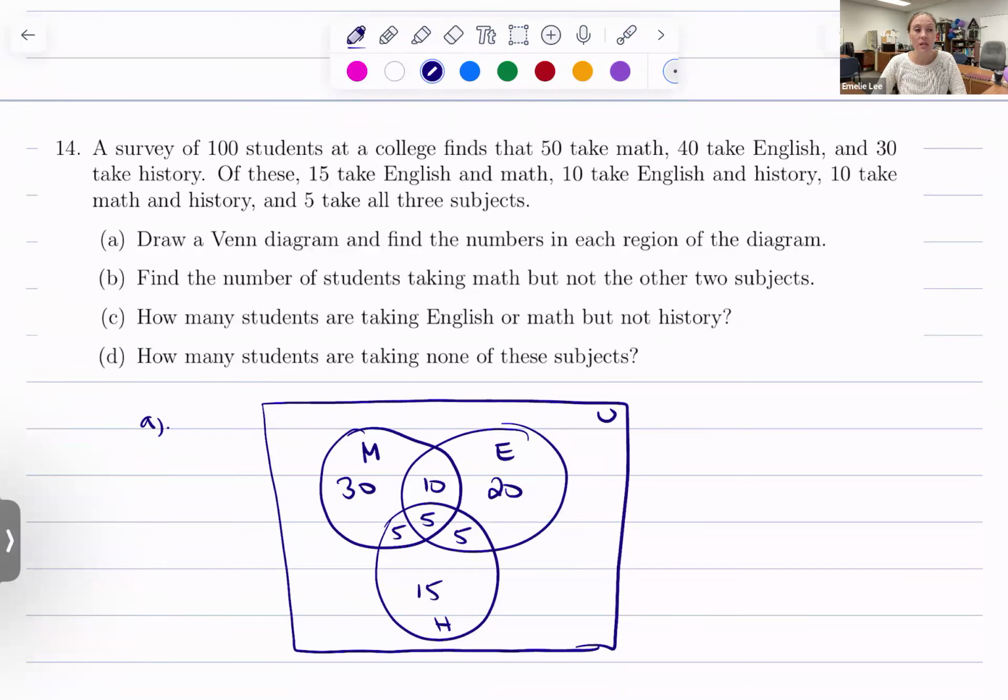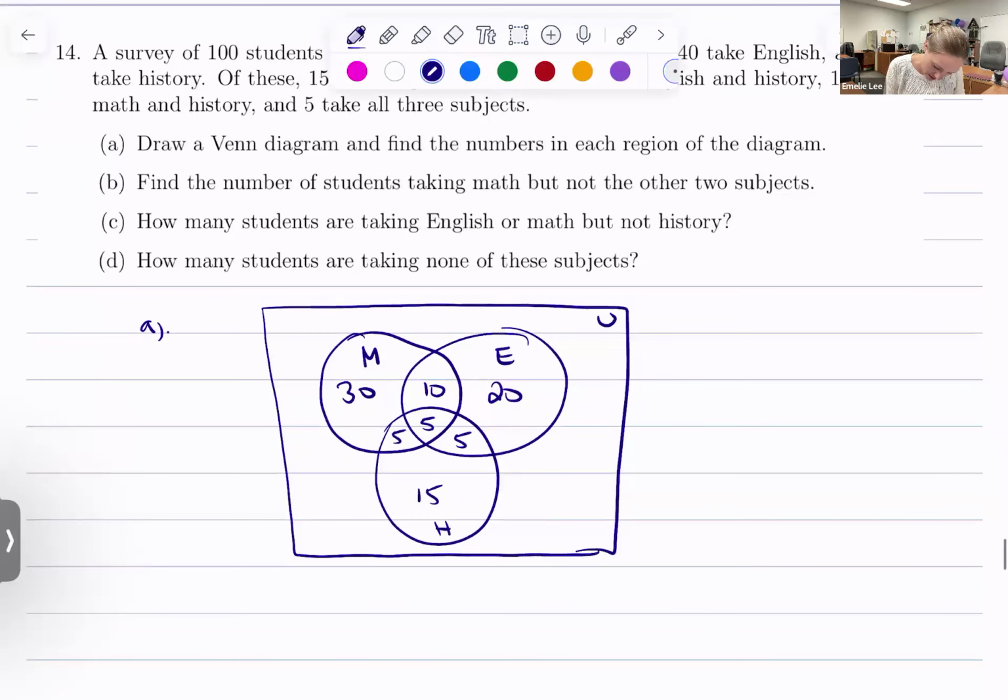Now to figure out the outside region, it's a little bit tedious, but we have 100 students, and so the total rectangle has to be 100, but I've already accounted for all these. And so I'm just going to jot it down here.